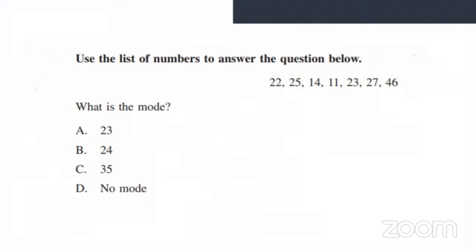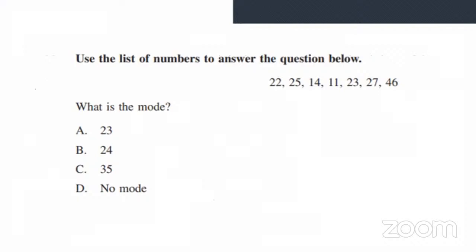So Kaylee is saying that the mode is 11. But is Kaylee correct? Is the mode 11? All right, thanks. So Tori says the mode of a set is which number appears most often. Great. Awesome.